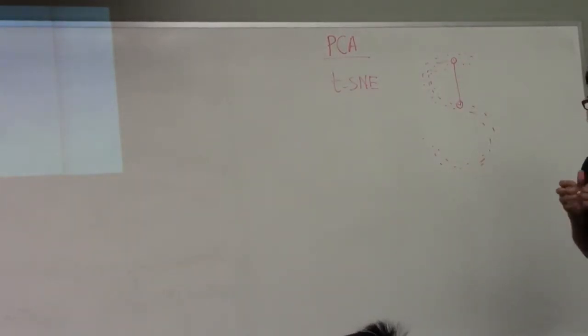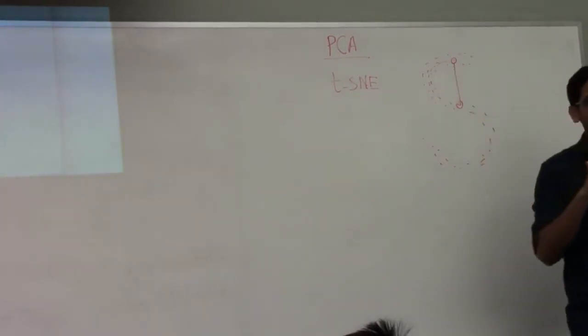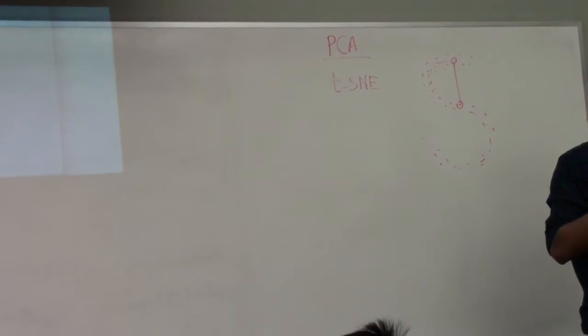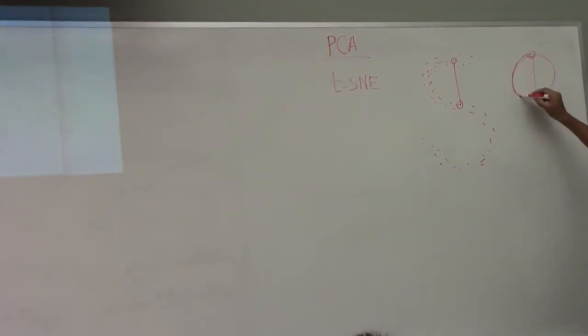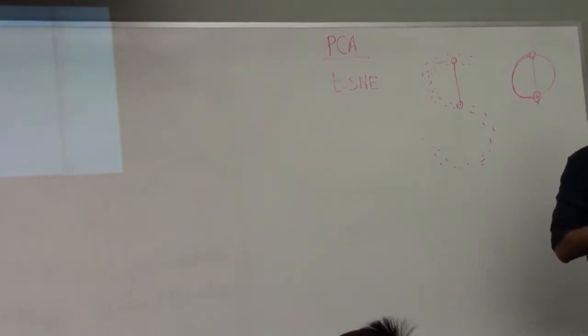Because if we know our data is lying on a manifold, say a globe, and you want to picture all the points on the globe onto a two-dimensional thing, and say you had the North Pole and South Pole here, you wouldn't consider this distance. You would consider this distance if you're trying to embed these points on a two-dimensional plane.